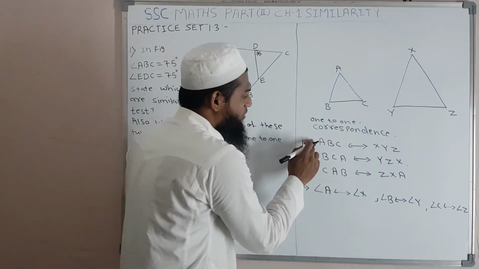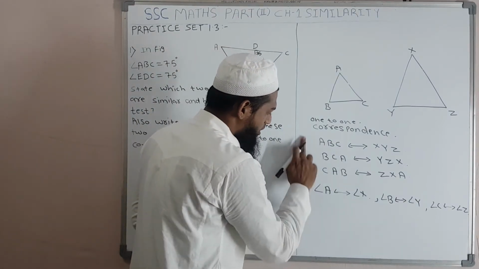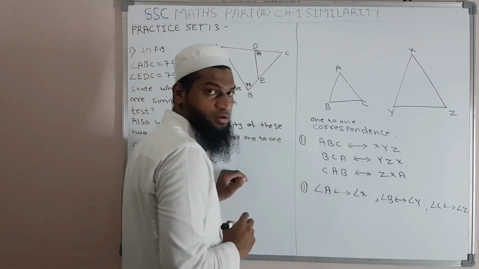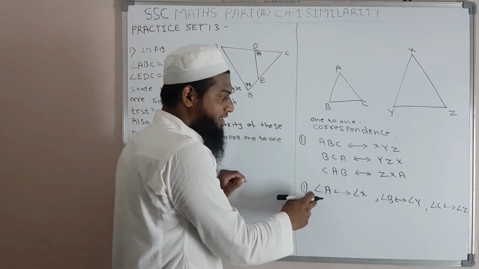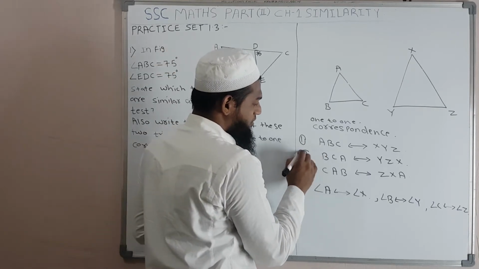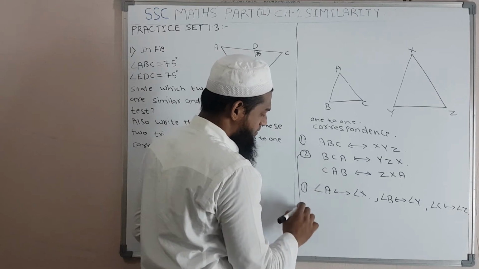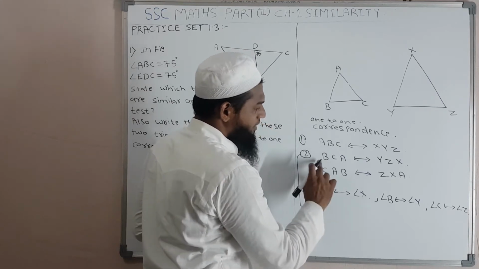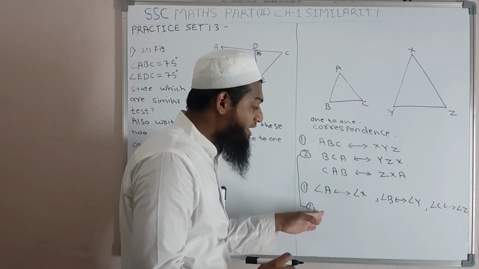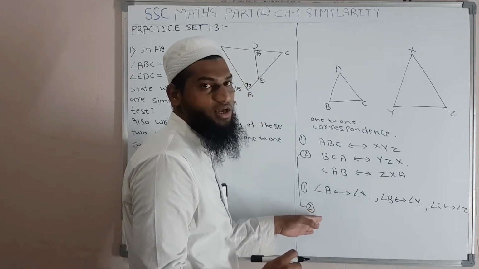We can give it number 1, and this is the answer of number 1. Here I am writing the correspondence as the name sequence. The second one I am writing is BCA, and here I write the angles in correspondence.